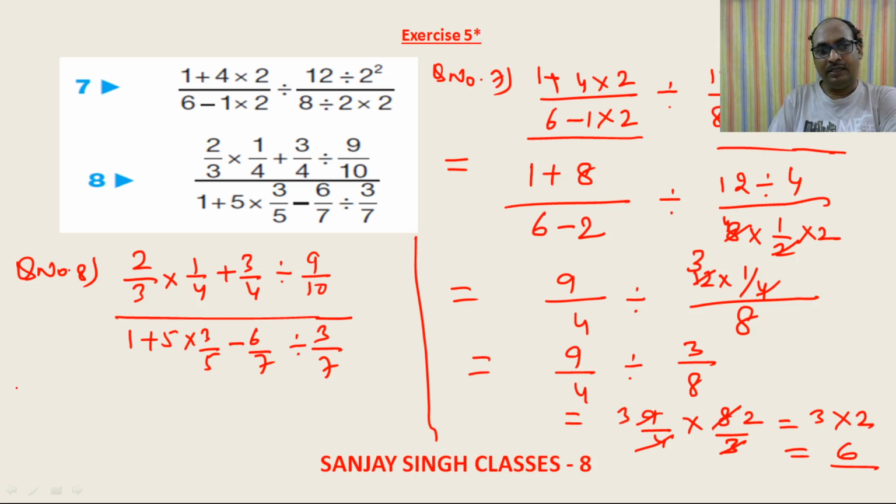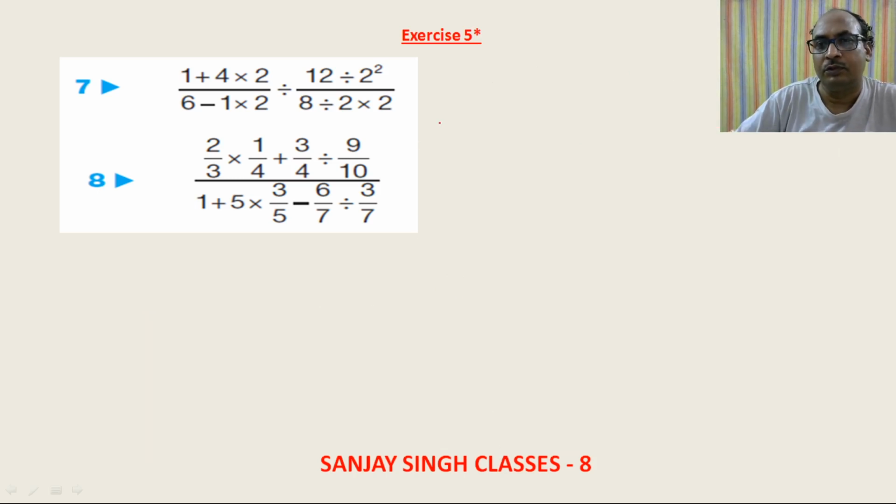I will be needing a little bit more space, okay. So better I will erase that question number 7 also, right, so that we will be getting more space here, right.